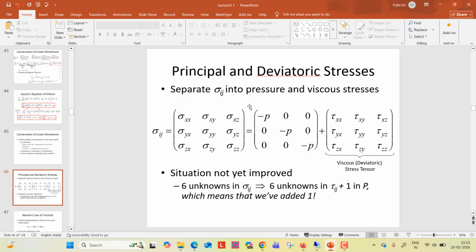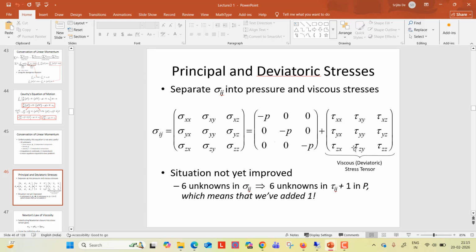If you represent this stress term as a tensor, this is the stress tensor, and this is its P component. So now this P component is called the pressure, and this is the viscous stress system, right?